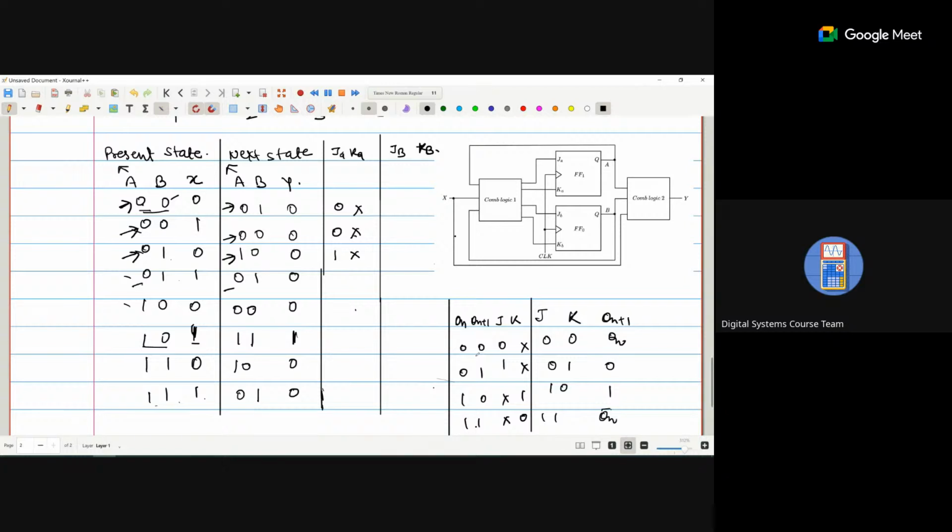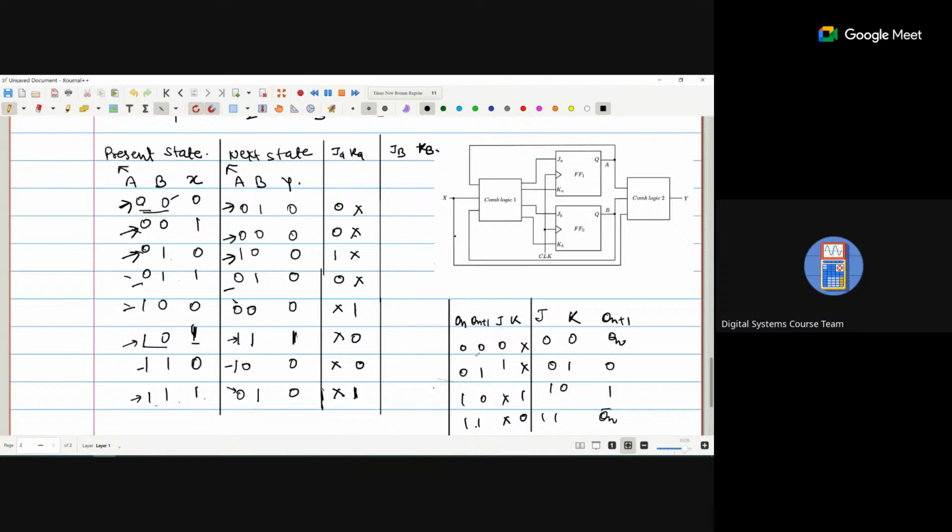Present state is 0, 0, 0 cross. Present state is 1 and 0, cross 1. Present state is 1 and 1, cross 0. Present state is 1 and 0, next state is cross 1. Okay, so this is for J and K.